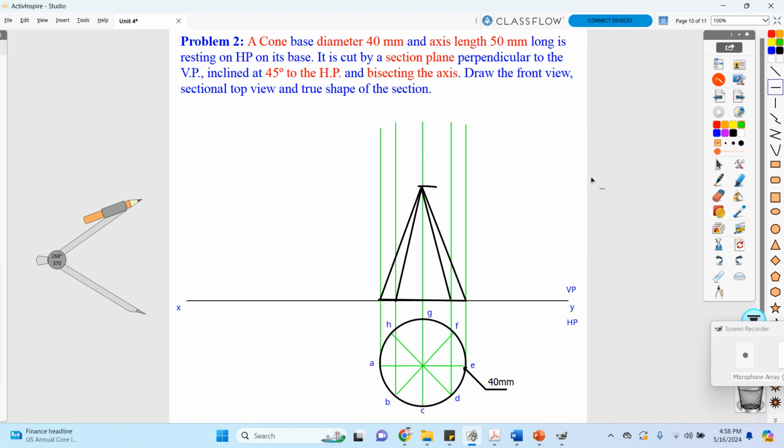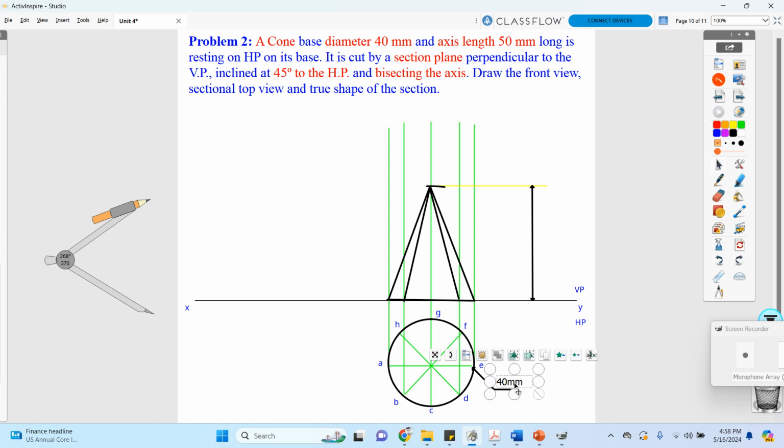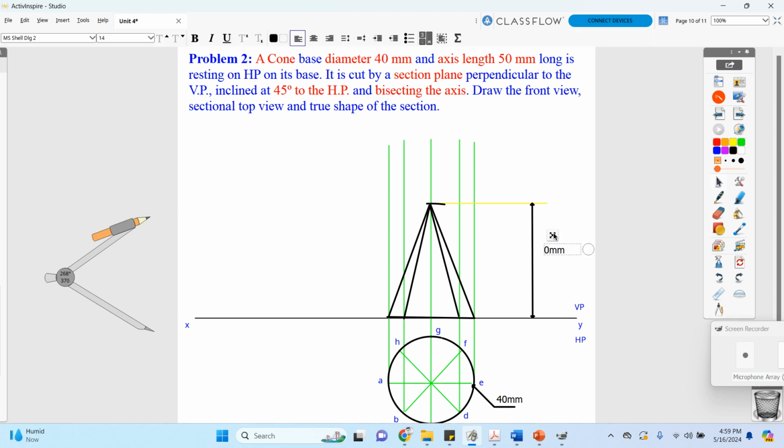I am taking for my dimension marking, I am going to mark from this point to this point. What is the dimension now? They have provided the length of my cone as 50 mm. Okay, I am placing it over here.